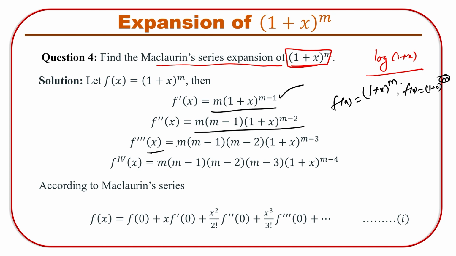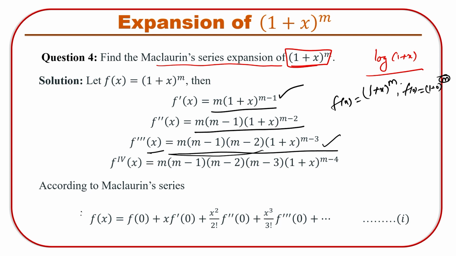F triple dash of x can be found as m into m minus 1 and so on. So, it looks like we are going to have some different type of factorial form, and then we will have the solution or the power of 1 plus x in terms of m and m minus 1, m minus 2, m minus 3, m minus 4 and so on.